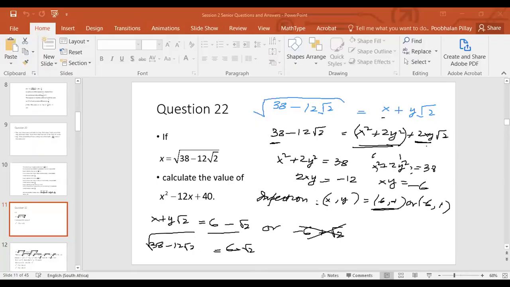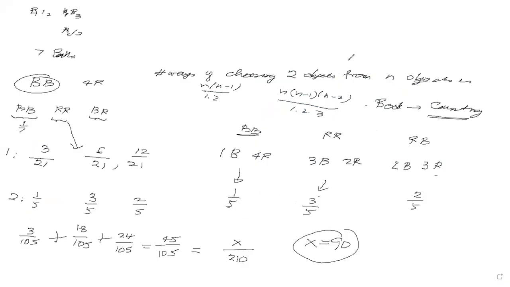And let me go to my whiteboard. Remember, the square root that we're looking for is 6 minus root 2. Oh, actually, in the problem, they said x was this.